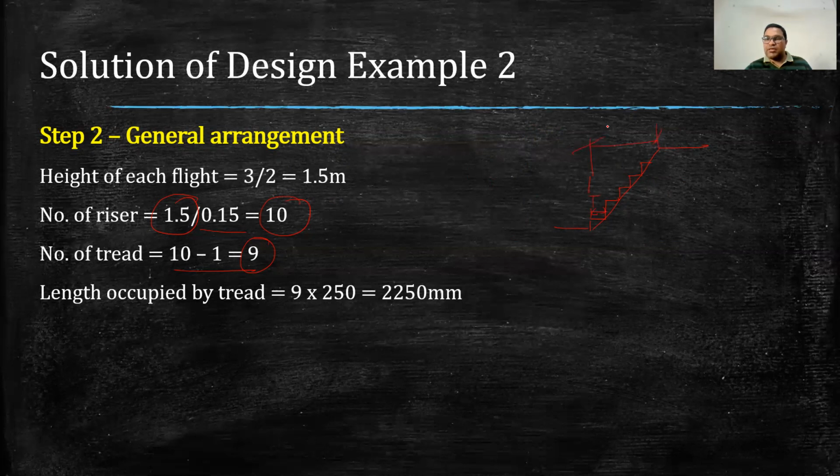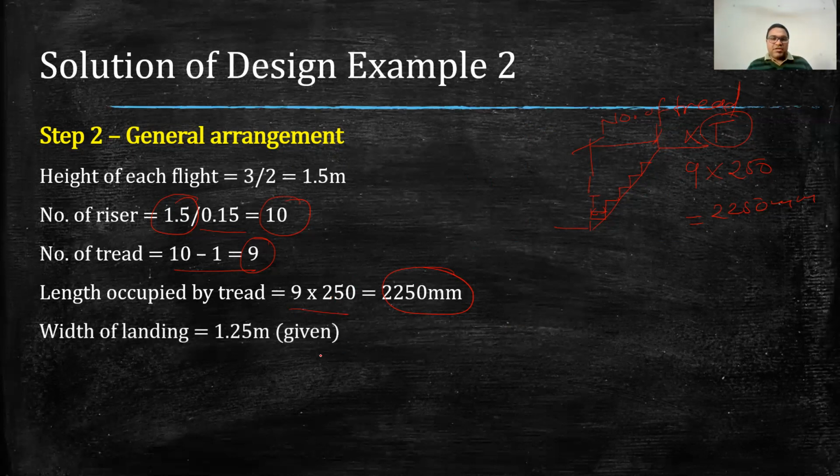This length will be equal to the number of treads multiplied by the value of one tread. So the number of treads is 9, multiplied by the value of one tread, which is 250. So ultimately it will be 2250 mm. That is the value of length occupied by the treads.